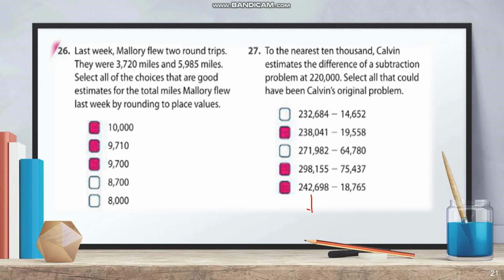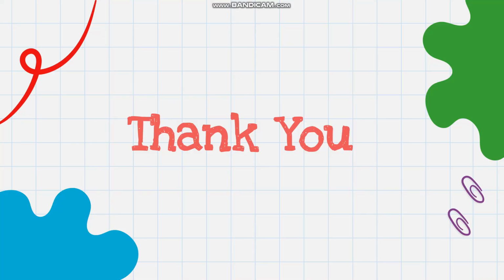So it becomes 240,000, because when rounding to the nearest 10,000, 4 is followed by 2, so it's the same number. The 10,000s place here is 1 followed by 8, so it becomes 20,000. So if I find the difference of 240,000 minus 20,000, the answer is 220,000. So that's it, grade 4.